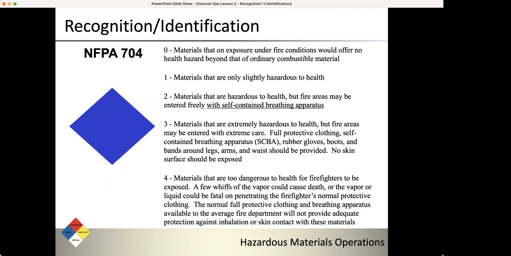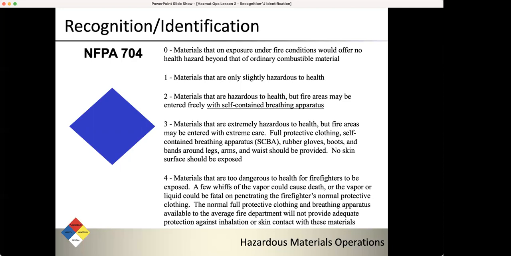All right, so we're not going to go through each one of these, but what I want you to know is that the number in those colored sections indicates how much of a problem it is for that category. So blue is health. 0 means there's no health hazard at all. 4 means it's too dangerous to be exposed.